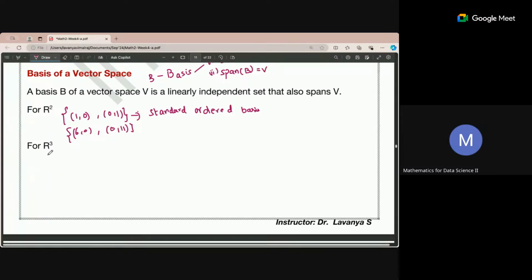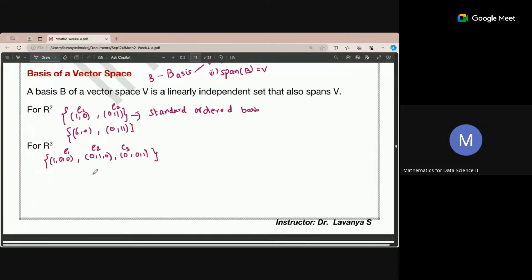Okay, for R3, what is the standard ordered basis for R3? (1,0,0), (0,1,0), (0,0,1). The usual notation for the standard basis is we don't call it V1, V2, but instead we say E1, E2, E3.